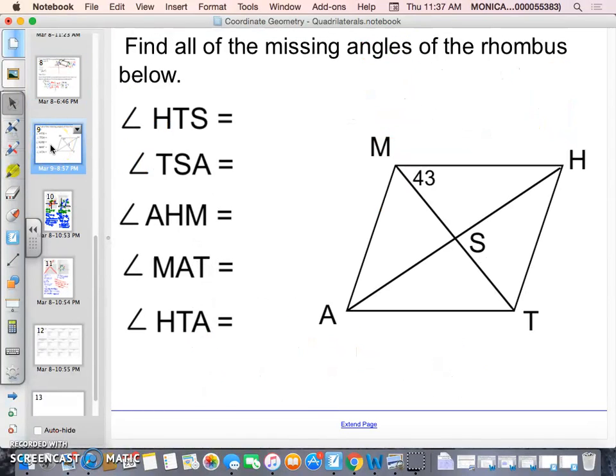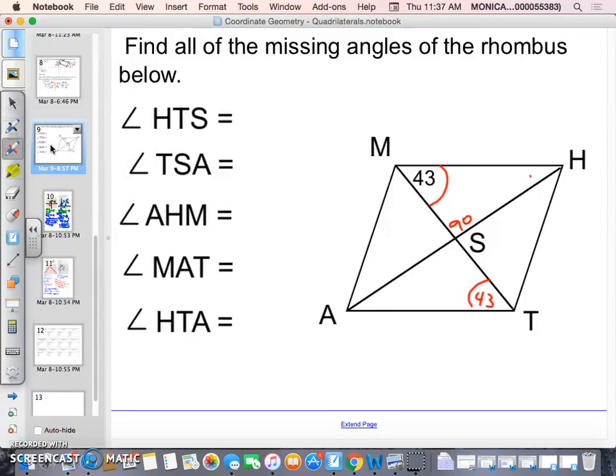Okay. Let's try one more problem. This is just a review of finding all the missing angles in the rhombus below. So what do we know about a rhombus? We know all the sides are equal. And we know that the diagonals bisect each other. So if I know that this angle is 43, I know that this angle is also 43. Okay. I know the angles in the middle are 90.